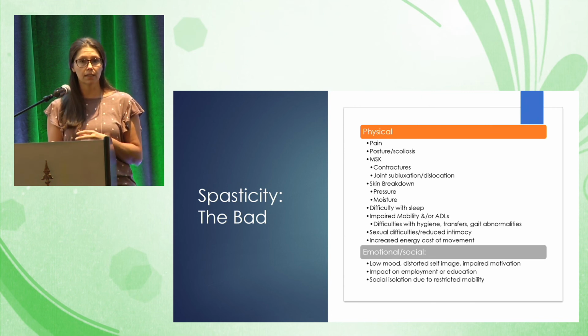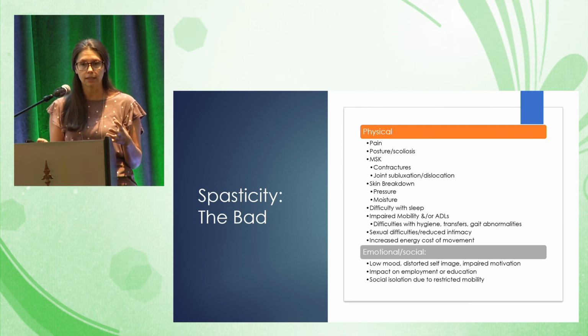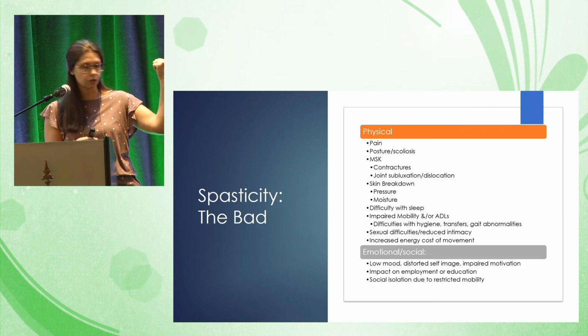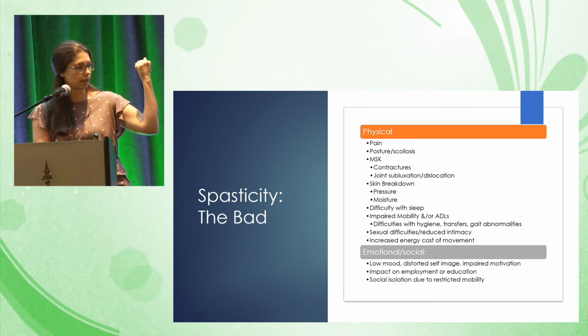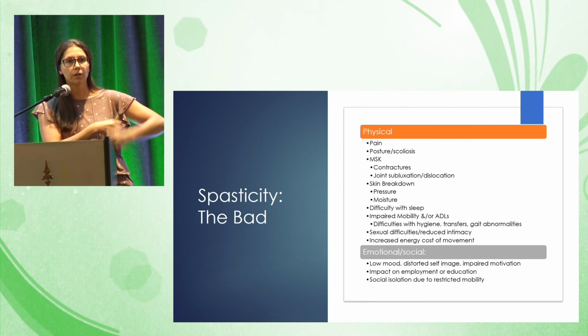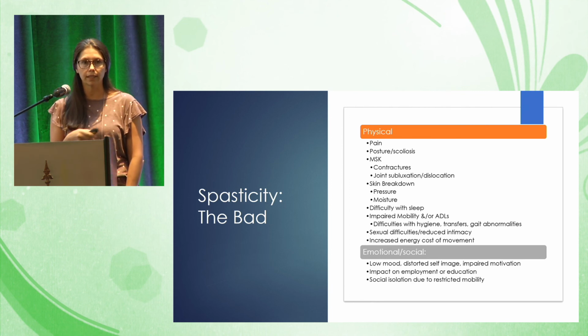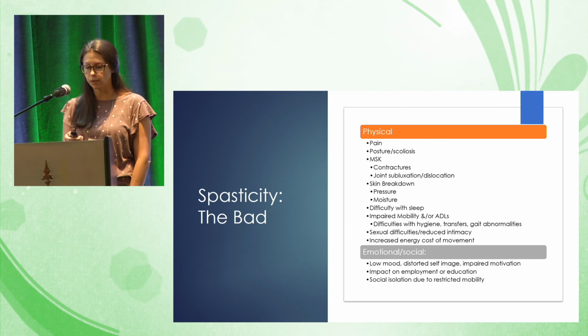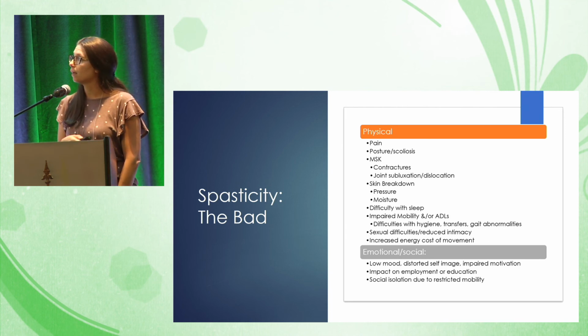The other is that muscle spasticity can cause a lot of changes in the positioning of joints. Say in the shoulder or the elbow, you can see that angle decreases. There can be more moisture in there, so that's prone to skin breakdown, prone to yeast infections.